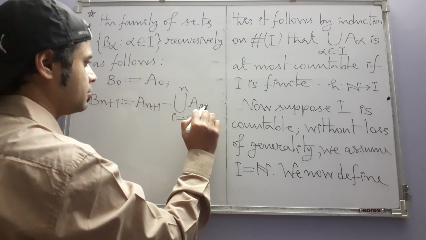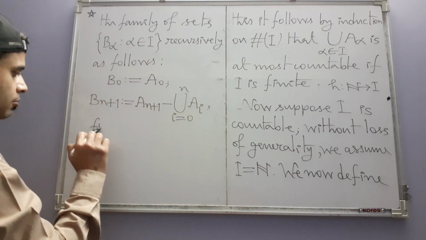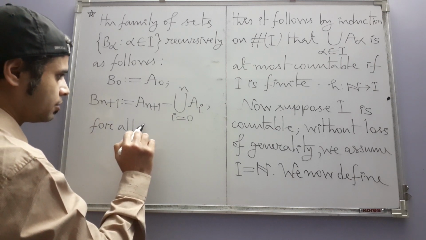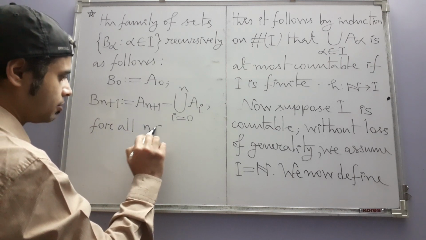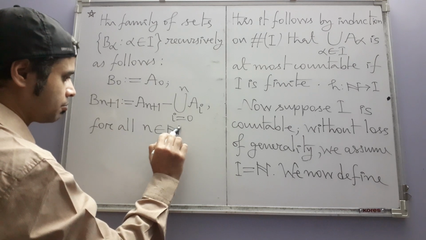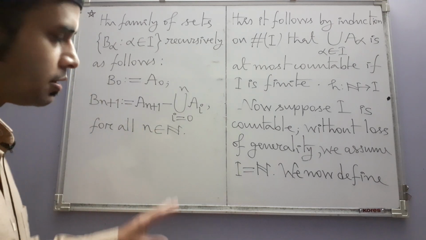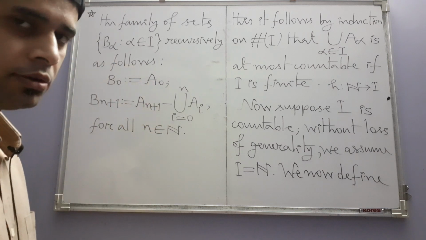That means this, for all n belonging to the set of natural numbers. This is a well-defined recursive definition.